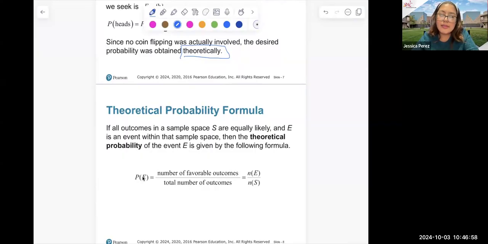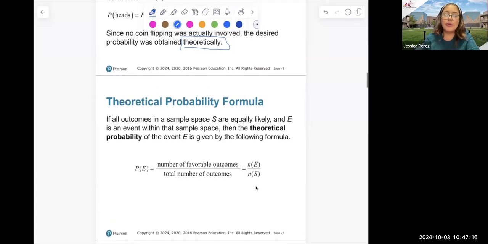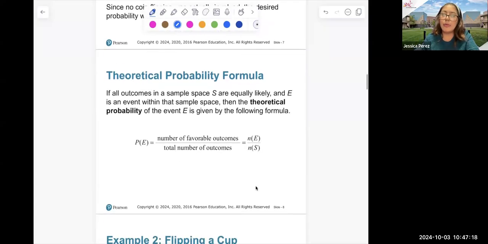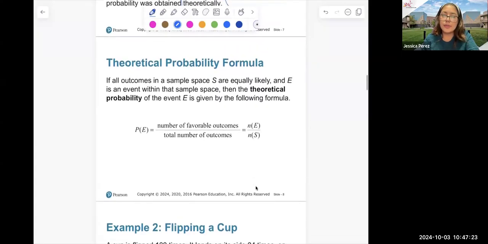So the probability of the event occurring is equal to the number of favorable outcomes, N of E, over the total number of outcomes, N of S. Remember that N is a cardinality. In this case, how many values of E do we have? How many values of S do we have? The total number of values that are favorable on the top, divided by the total number of outcomes.